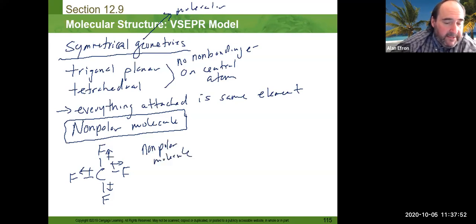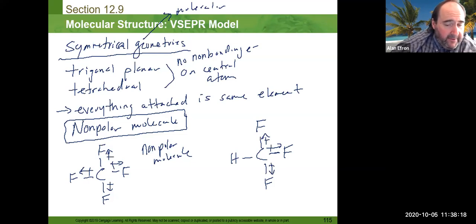Now, what happens though, if I take one of those fluorines off and replace it with something like hydrogen? Well, we still have polar bonds heading towards our fluorines. And if you remember, the carbon-hydrogen bond is essentially a nonpolar bond.